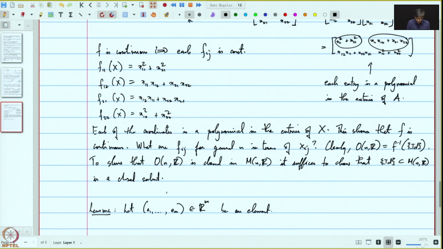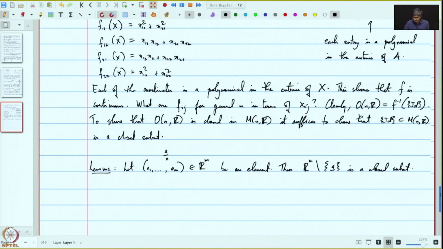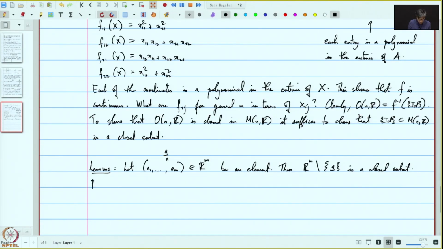Let's denote this by A. Then Rm minus this point A is a closed subset. Okay, so proof. This is left as an exercise. So we will end here.